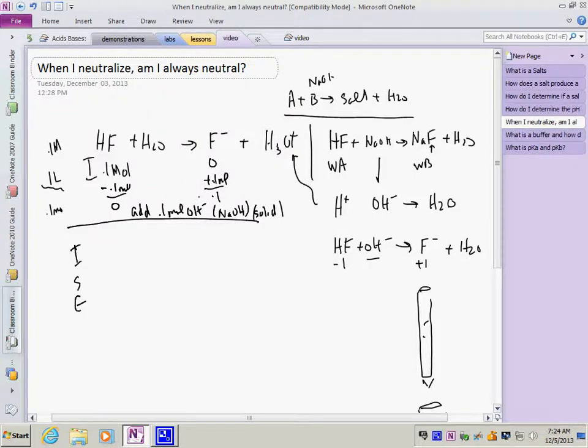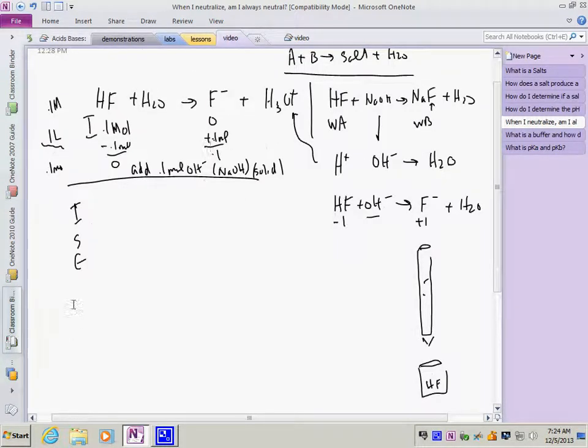Now, at this point, let's go ahead and calculate. I can't actually use this equation any longer because I don't have any more acid. I'm going to flip the equation around and use the base version. F negative plus H2O will yield HF plus OH negative, initial, stoic ratio, and ending.